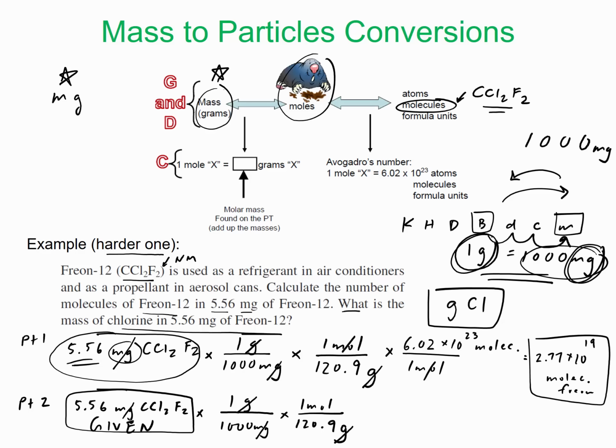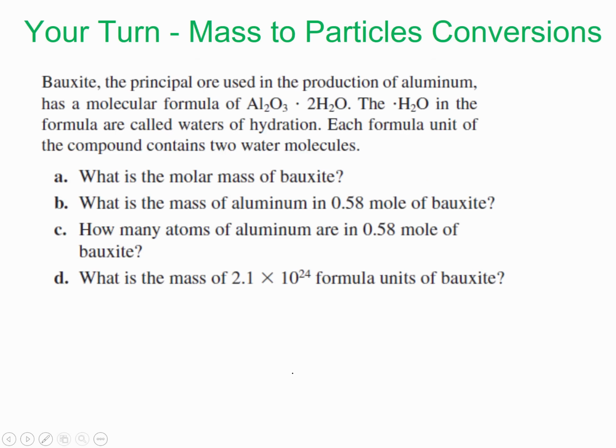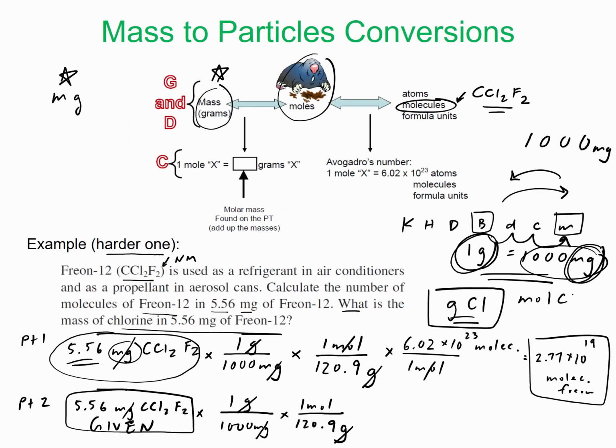It's like a game, unit conversions and chemistry conversions. It's a game. So that's what I'm given, and this is the number I'm looking for. I'm looking for grams of chlorine. So if I get it to moles of chlorine, I can just use the molar mass and get it to grams of chlorine. So the question is, how do I get it to moles of chlorine?